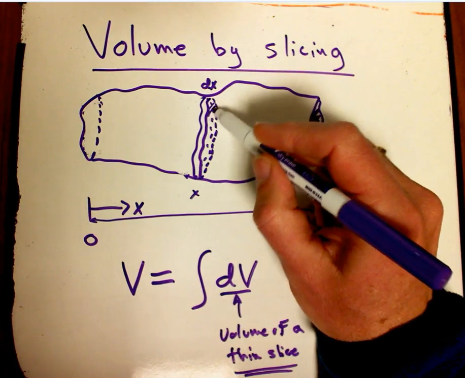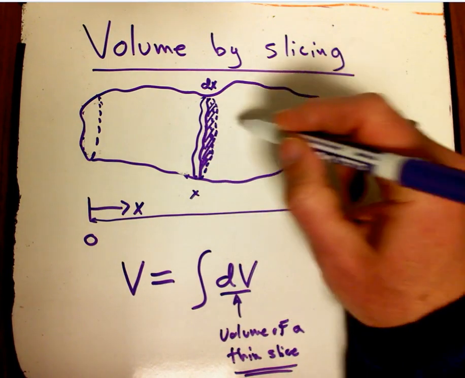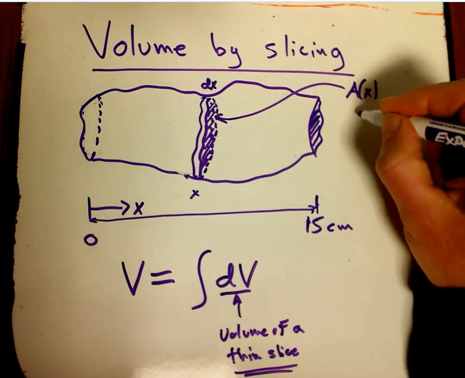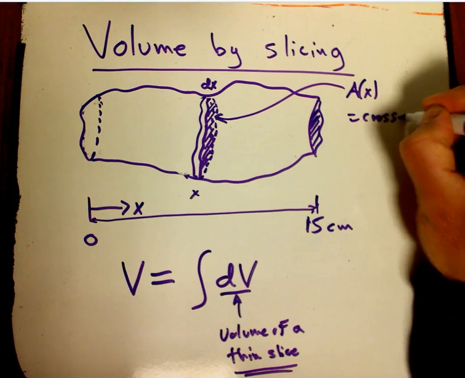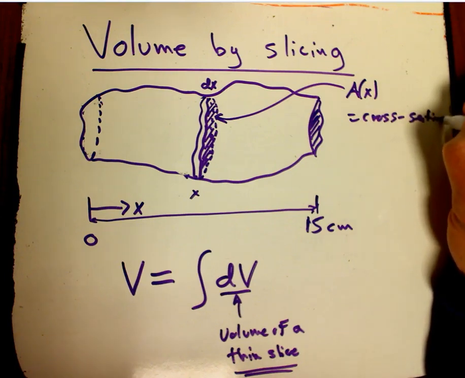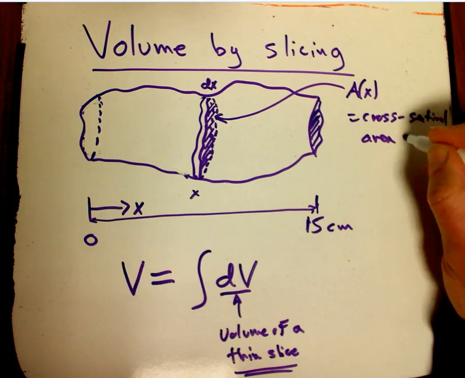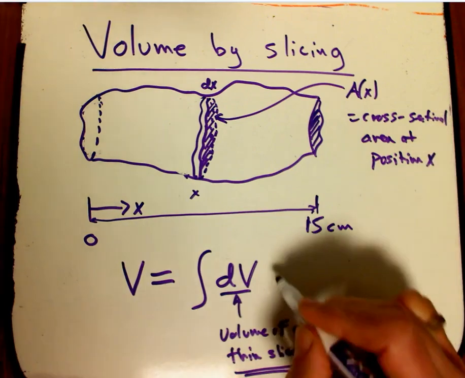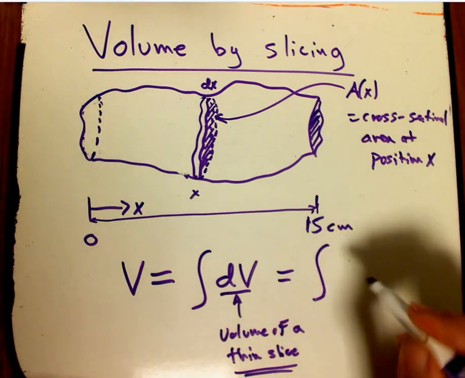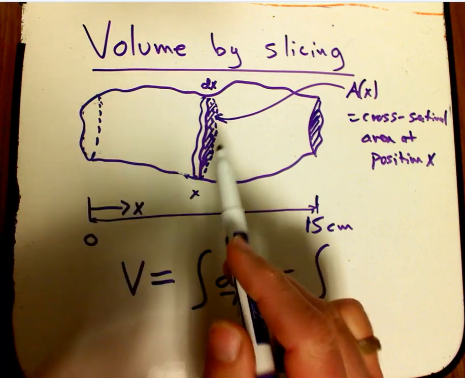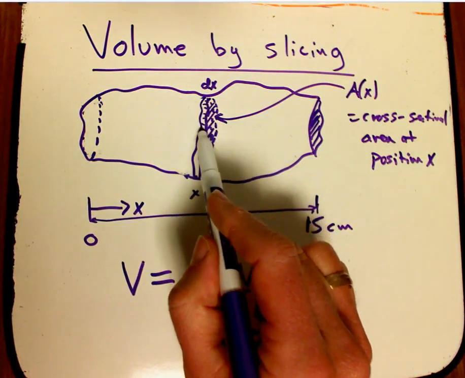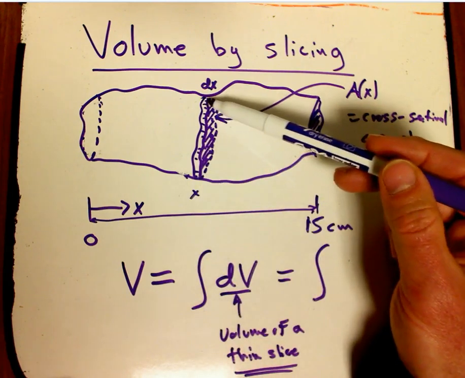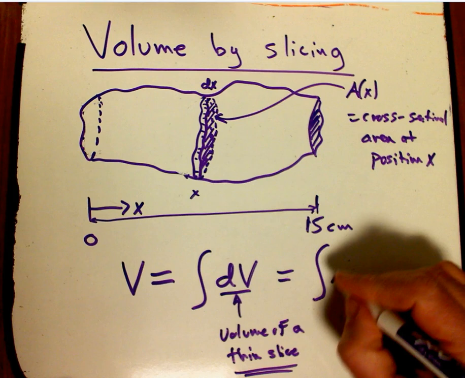And if you happen to be able to calculate, or are given, or know some other way, the cross-sectional area of this slice at position x, well, that would be really good, because then I've got a three-dimensional slice that's really, really thin, and it's got a known cross-sectional area.